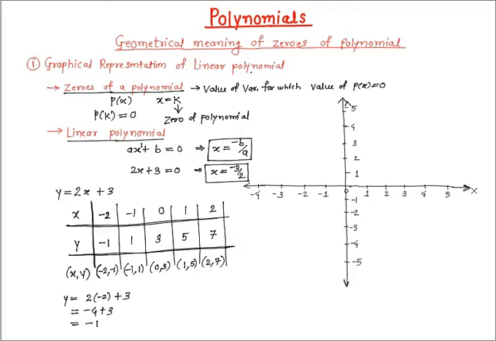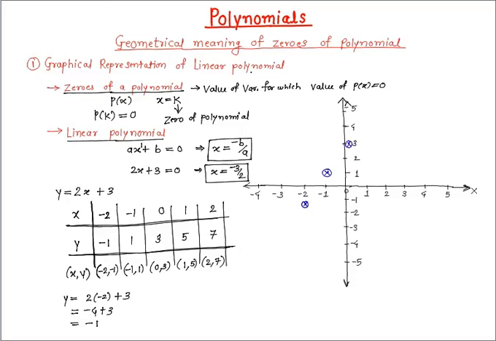Plot points on the graph using these coordinates. Let's take first values, minus 2, minus 1. So minus 2 on x-axis and minus 1 on y. This is the point here. Next is minus 1 and 1. This is the point here. Next is 0 and 3.